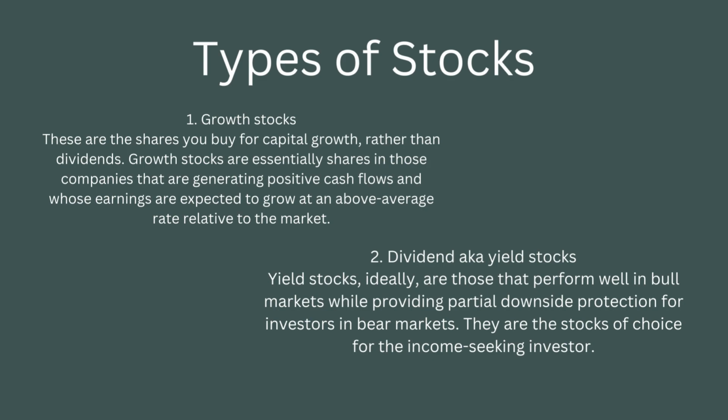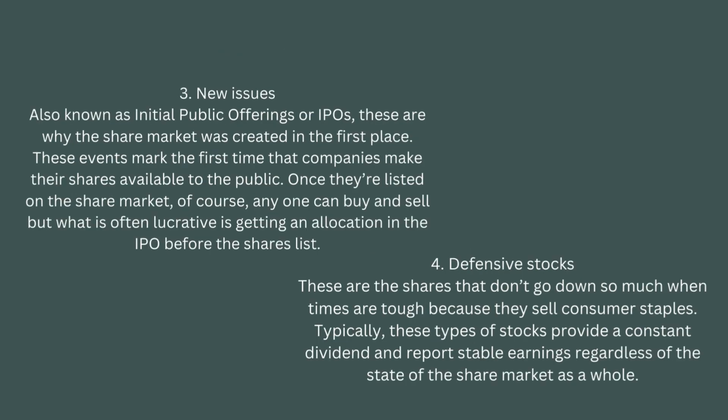And then we have new issues, also known as initial public offerings or IPOs. These are why the share market was created in the first place. These events mark the first time that companies make their shares available to the public. Once they are listed on the share market, of course, anyone can buy and sell.